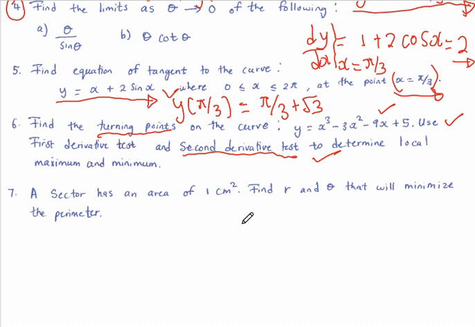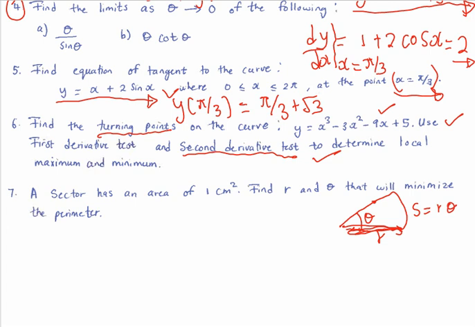So for number 7, you are told that a sector has an area of 1 centimeter squared. And if you remember the sketch of a sector, something that looks like this, where we have an angle theta inside. This part is our r, and this is our arc length, which is r theta.